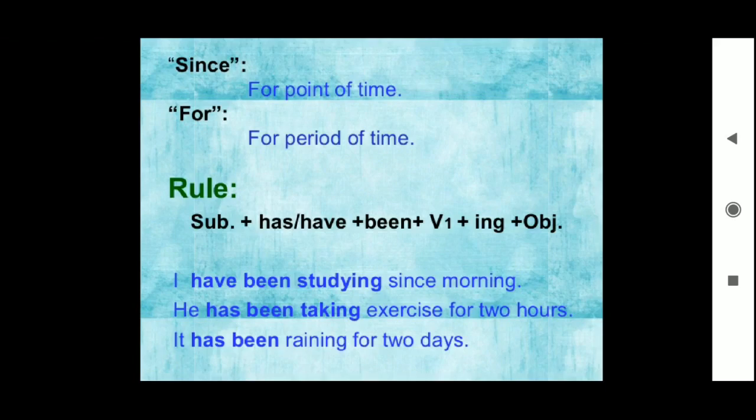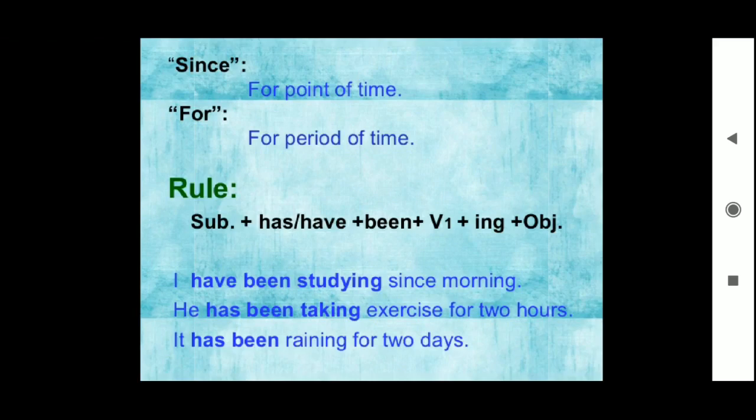Year, that means since 1999, since 2020, they are the point of time. Monday, Tuesday, 7 days, they are point of time. And when these things make a duration or a period of time, that means 1 week, 1 month, 1 year, fortnight, they are period of time.